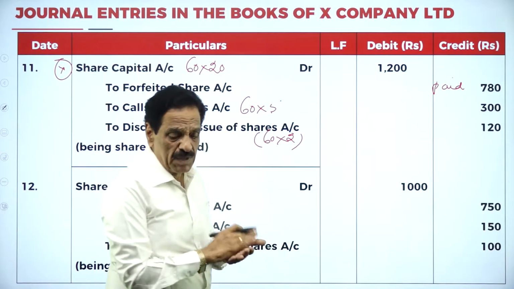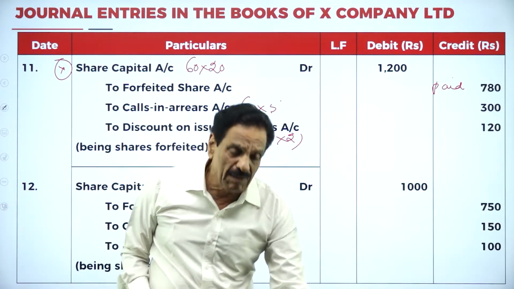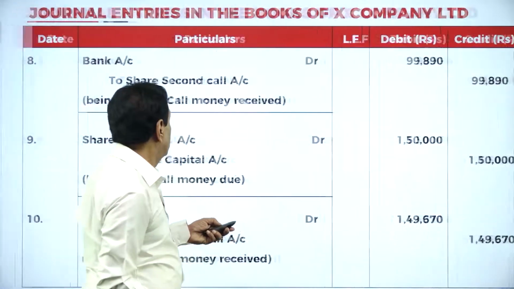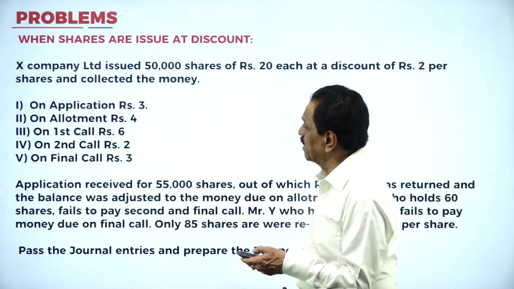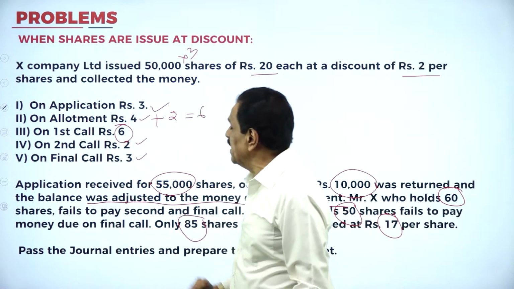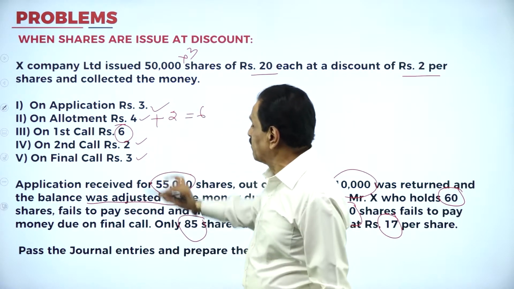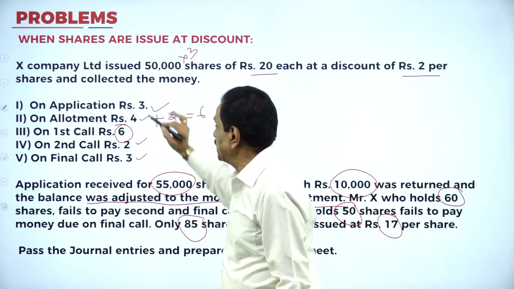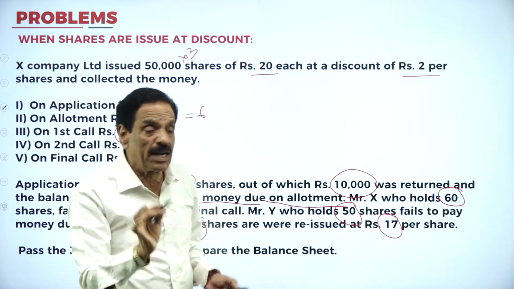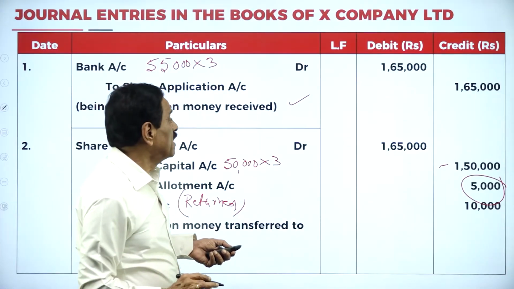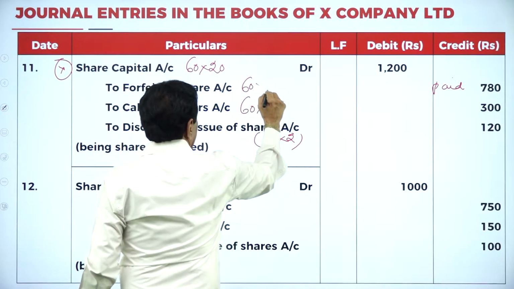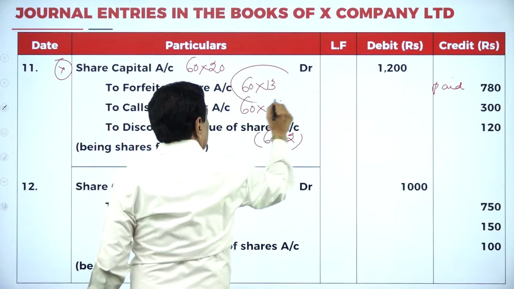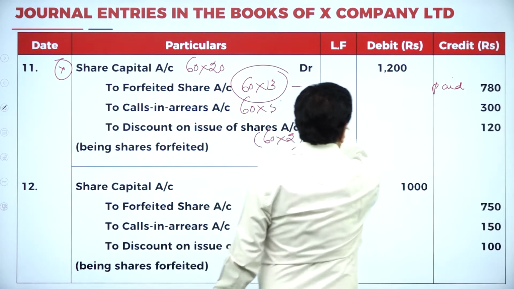What has he paid? He paid application. I will show you in your problem. He paid application 3, allotment 4, first call 6: 3 plus 4 is 7, plus 6 is 13 rupees already paid on 60 shares. This is 60 into 13, 780 is already paid.